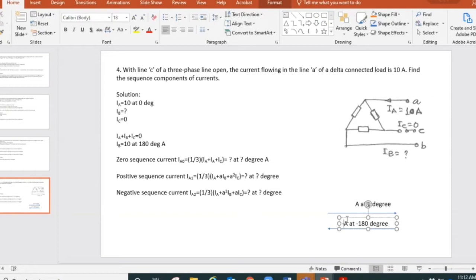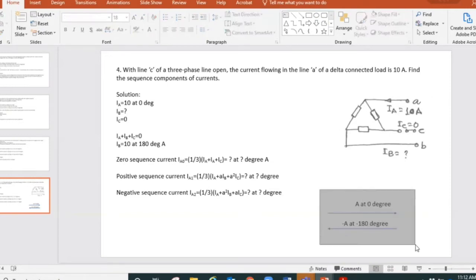You can think about that. So the answer was for IA 0. Third 0. 0. That's correct.